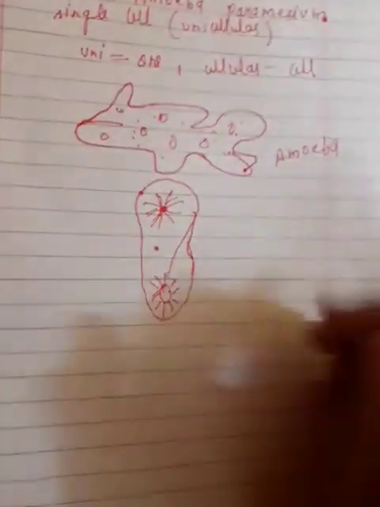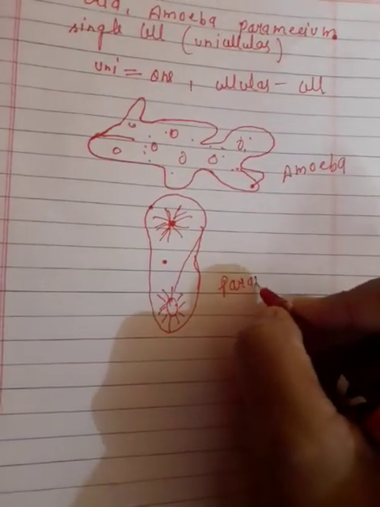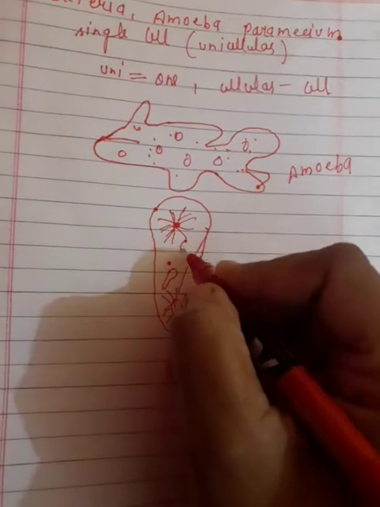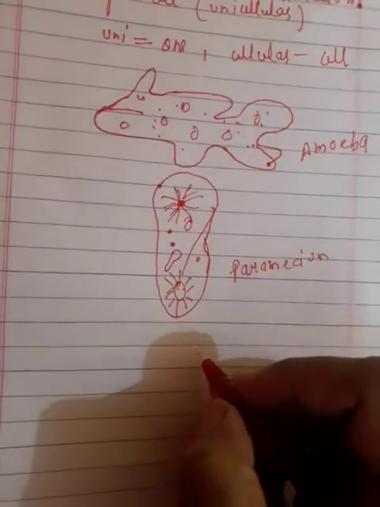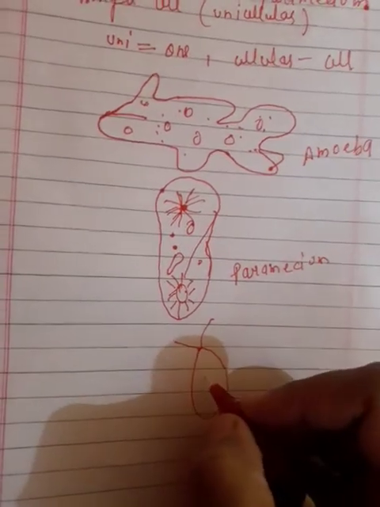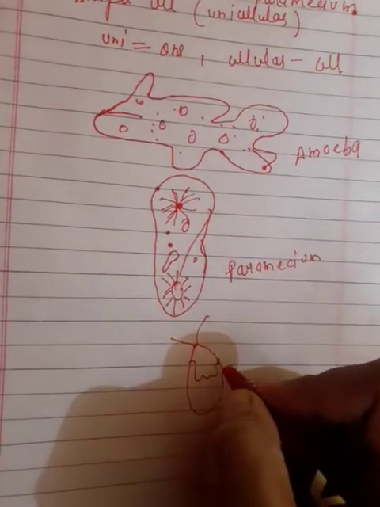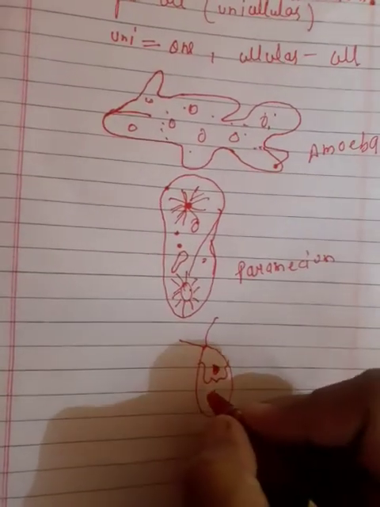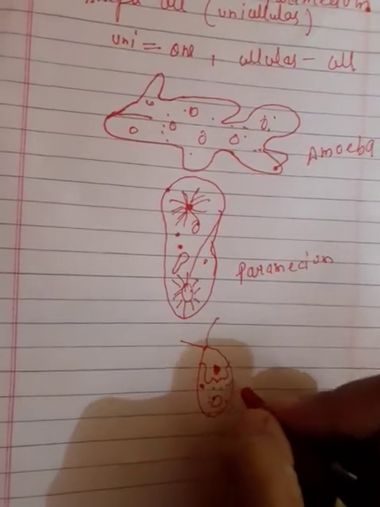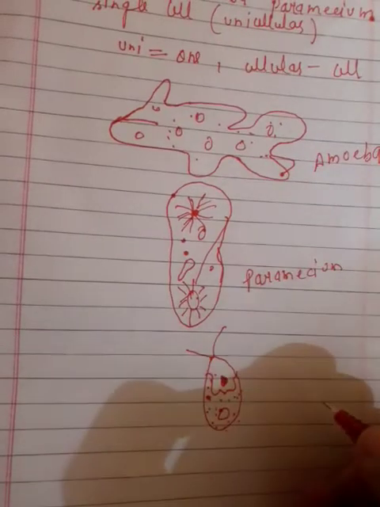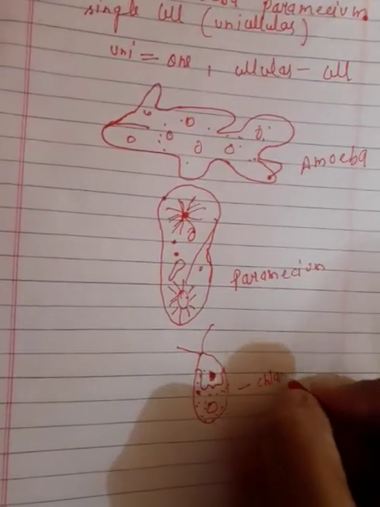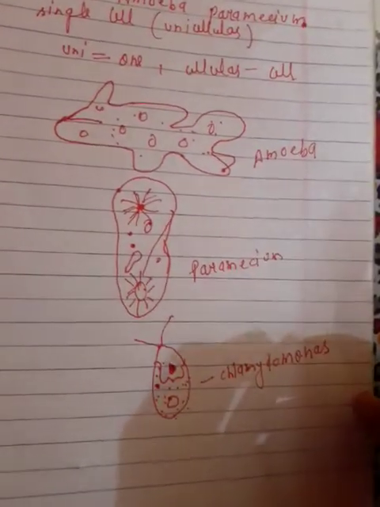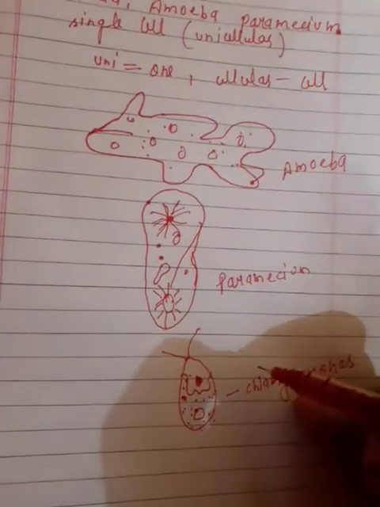This is paramecium. And this is Chlamydomonas. They are the unicellular organisms.